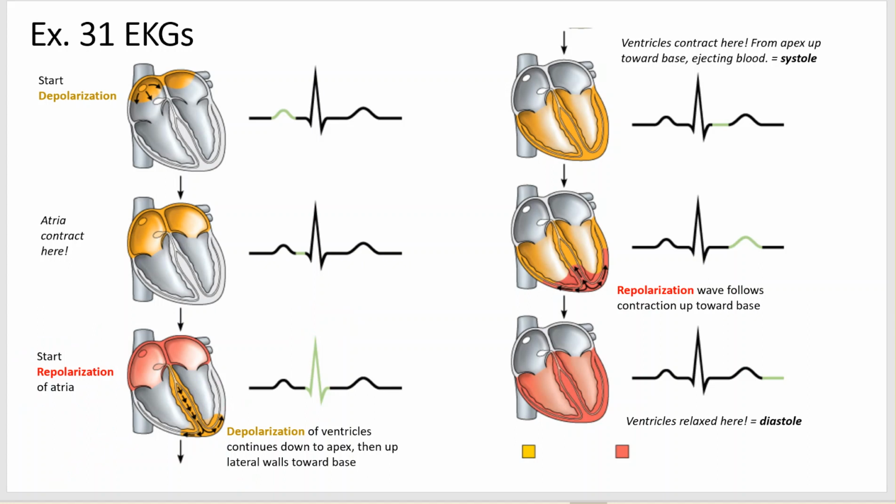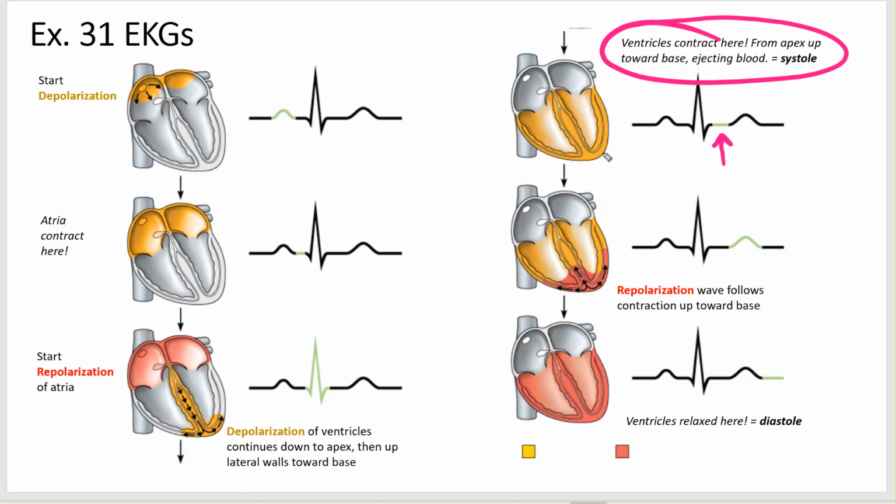So after we have depolarized our ventricles, we're going up here. And at this place, when we have our ventricles entirely depolarized, once again, we're in a flat part of the EKG graph, so we know some muscle contraction is going to happen there. So this is when the heart is in systole.